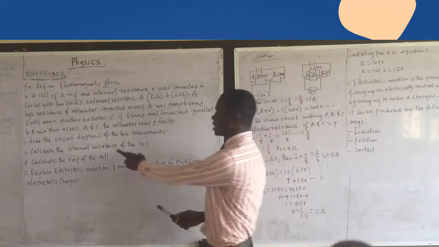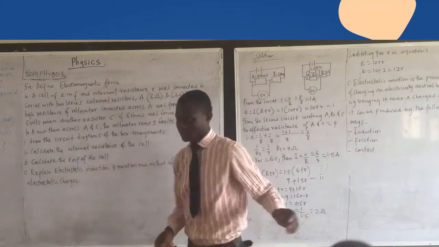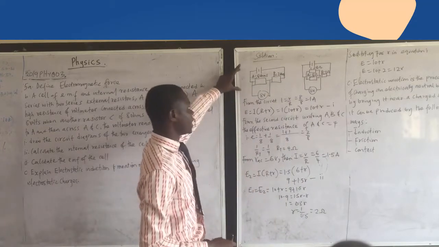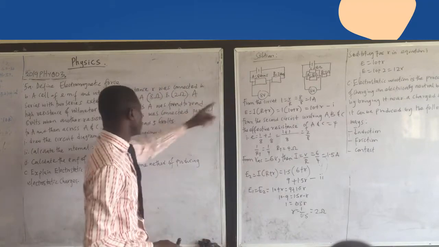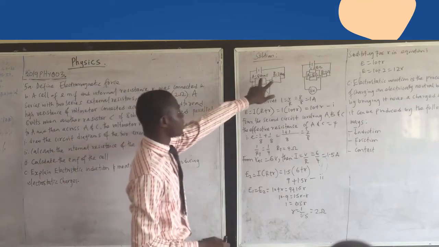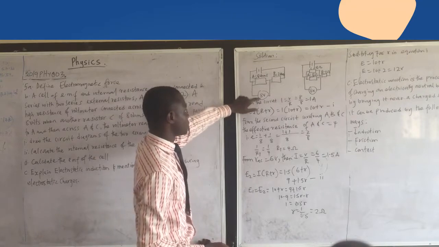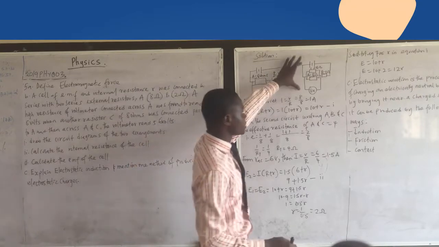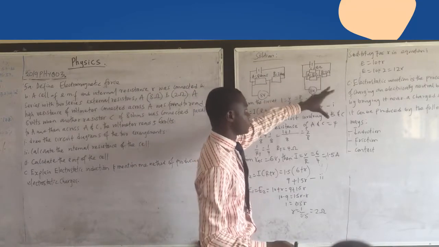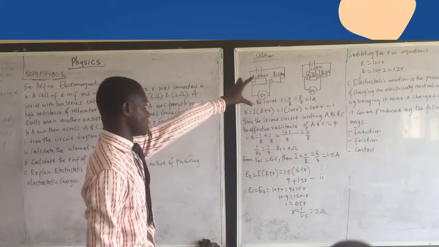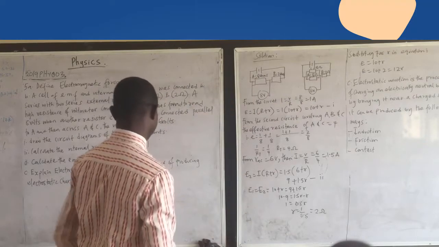So they say we should draw the circuit diagram of the two arrangements. This is the circuit diagram of the first arrangement, which is two of them connected in series. Look at it with your 8 volts. This is the second diagram, A, B, and C, connected in series and also in parallel.